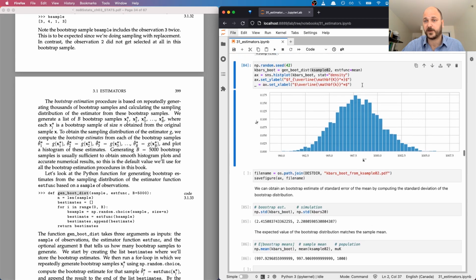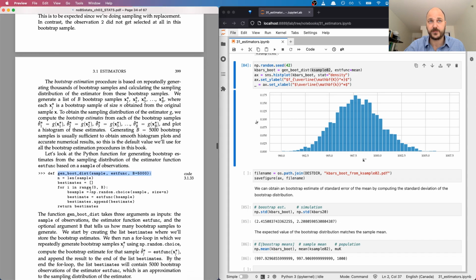So this is the power of the bootstrap: you treat the sample as if it was a population, and you repeatedly sample from it with replacement to get an approximation of the sampling distribution. This approach is part of the modern statistics curriculum.